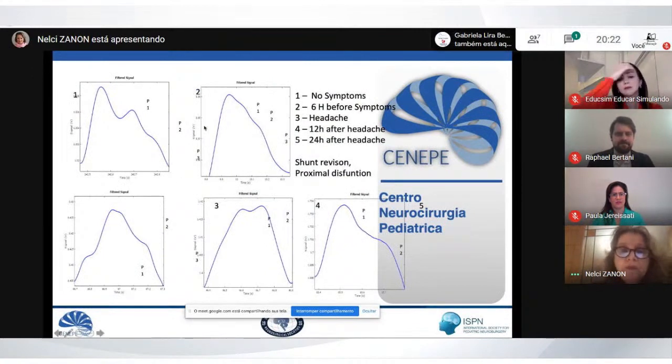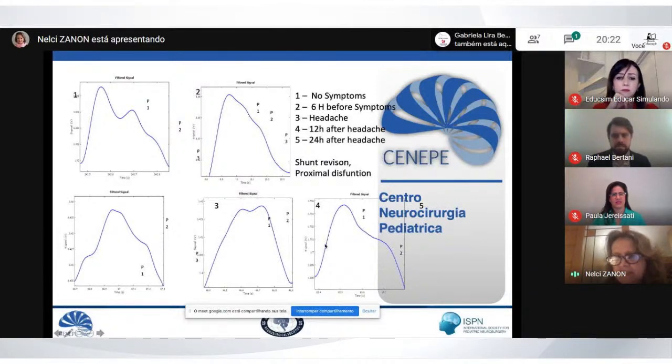puncture. When this child was monitored, we can see here in number 1, just a normal one, no symptoms, before symptoms. The P1 is bigger than P2. The symptoms came, and we just moved to pathological waves.